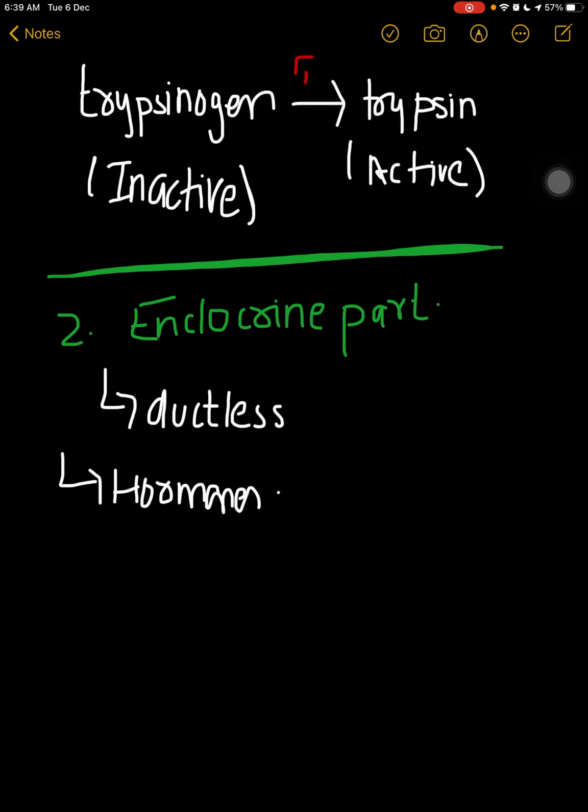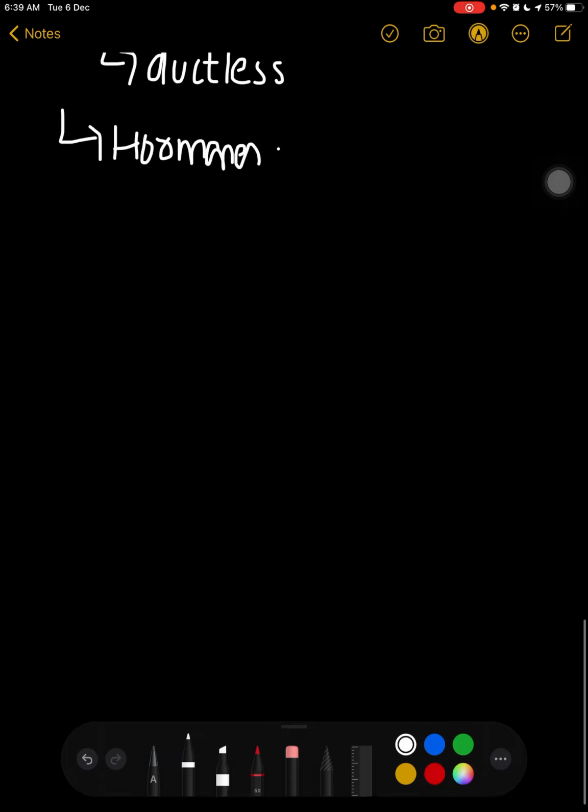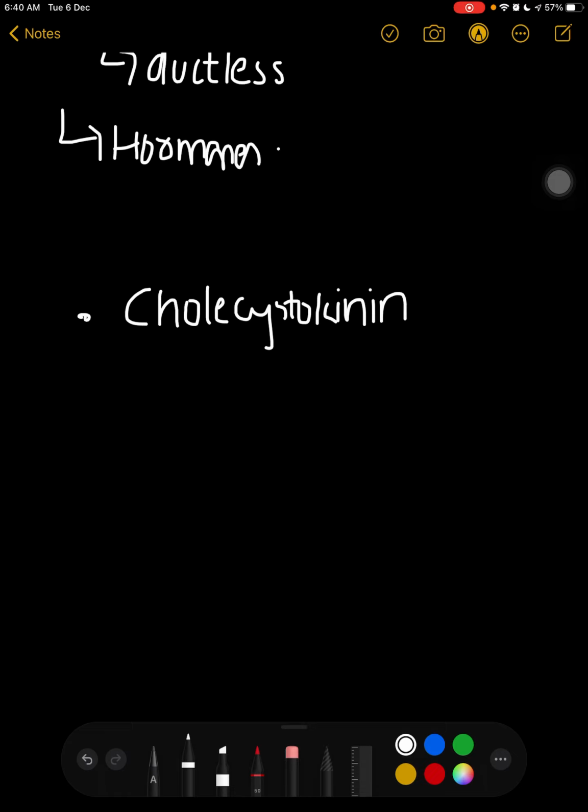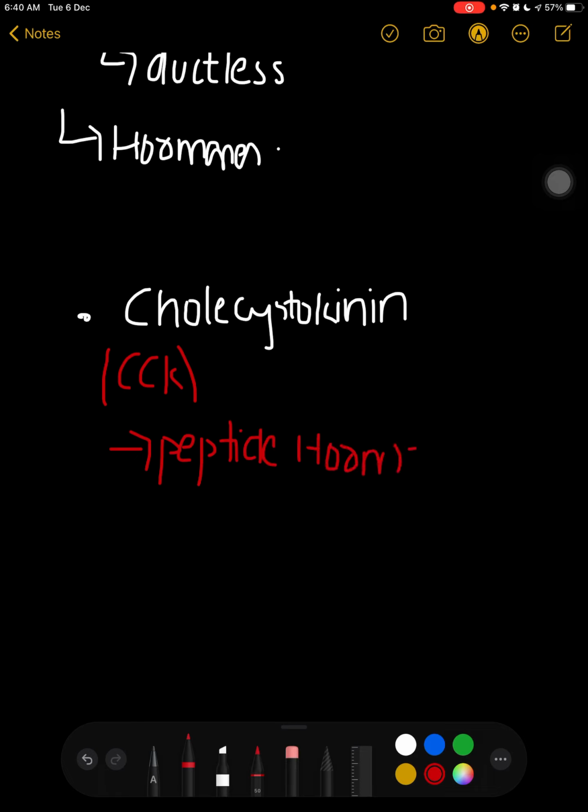Now let's talk about the hormones. Number one we have cholecystokinin. Basically this cholecystokinin is known as CCK for short, and it is also known as a peptide hormone.